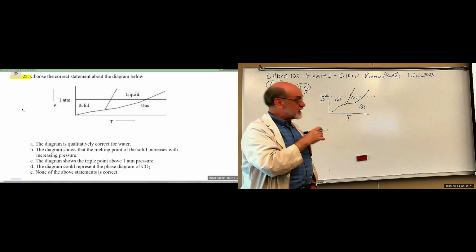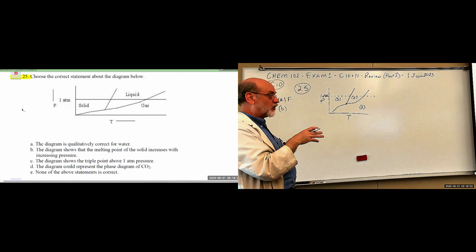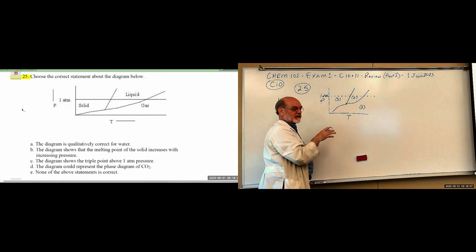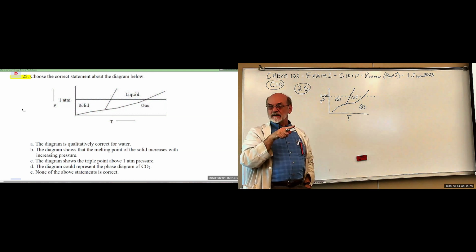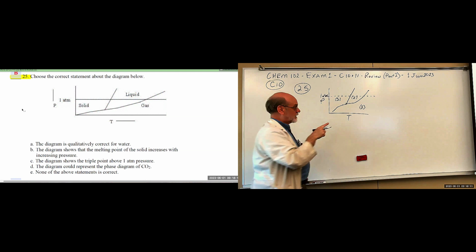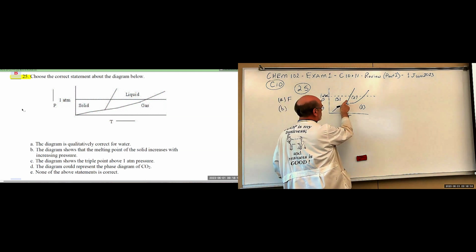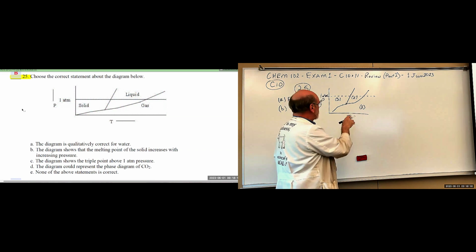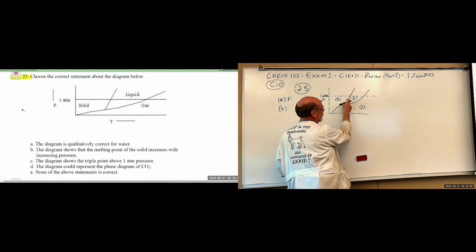B: the diagram shows that the melting point of the solid increases with increasing pressure. So what would be the melting point? Solid to liquid, right?